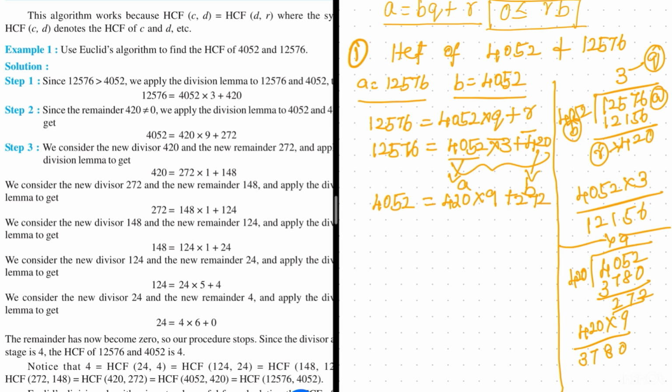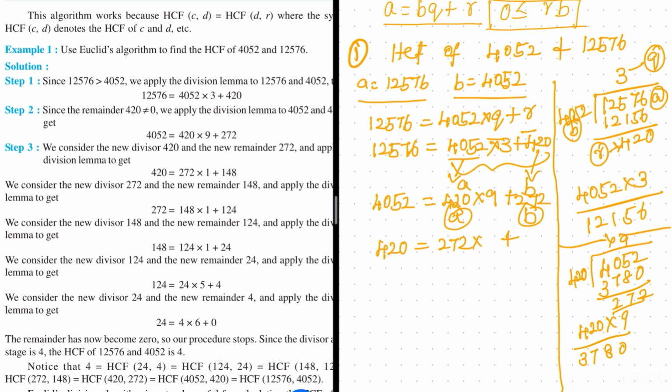This is our A and this is our B. Again we have to repeat the same. 420 is equal to 272 into how many times plus what?